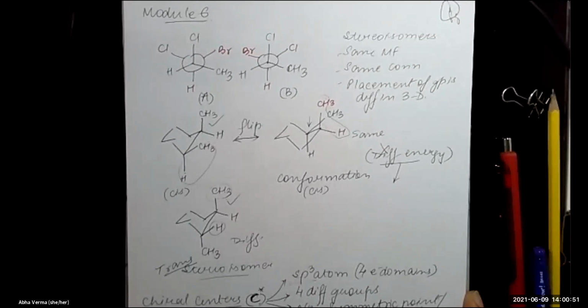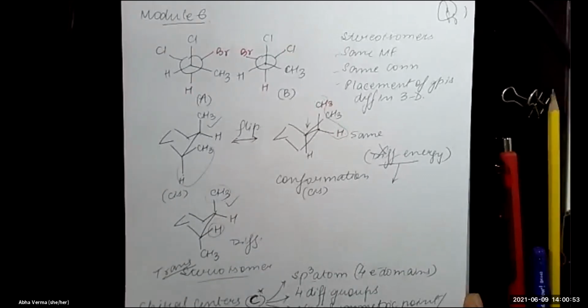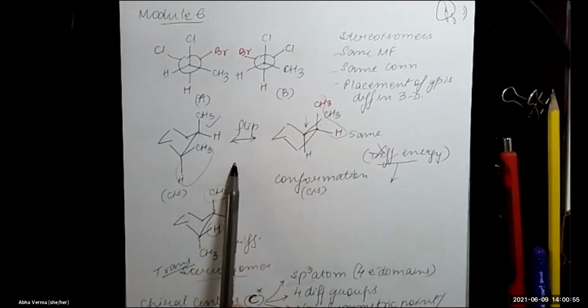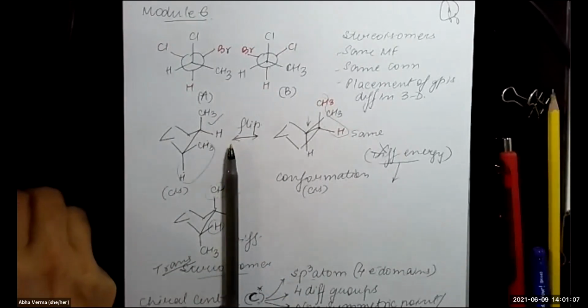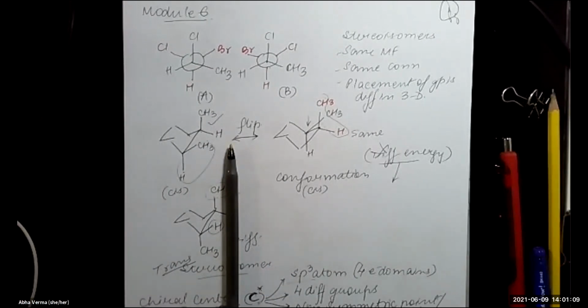So for this particular module, we had started looking, and this is just an extension of the configuration that we have looked at, where we look at the Newman projections and the chair conformations, and so on and so forth.